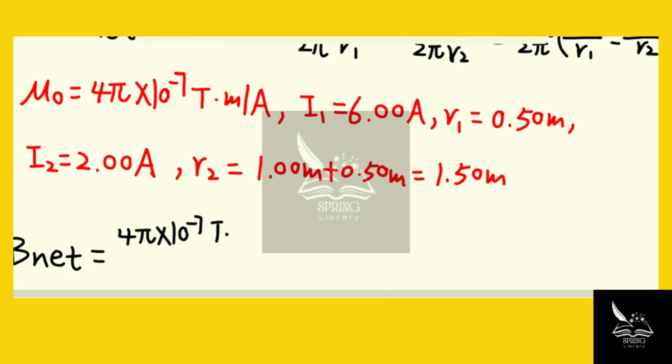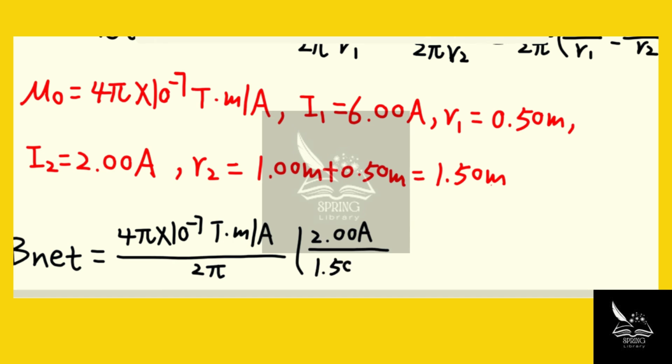4 pi times 10 to the power of negative 7 Tesla times meter per ampere over 2 pi, times I1, which is 6.00 ampere, over R1, which is 0.50 meter, and minus I2 over R2, which is 2.00 ampere over 1.50 meter.